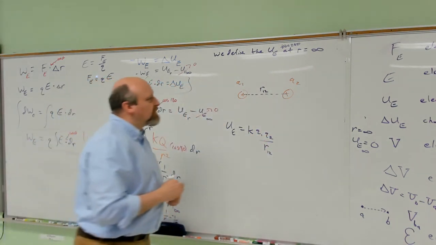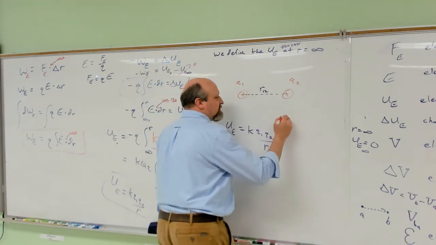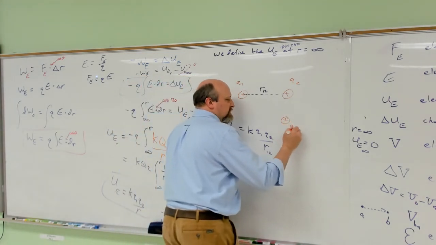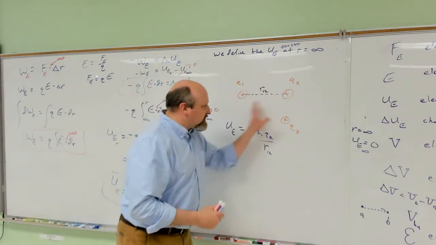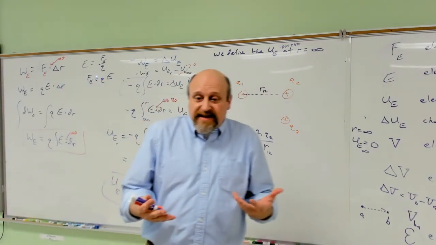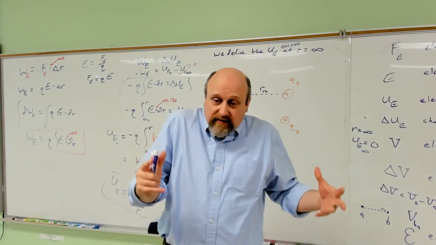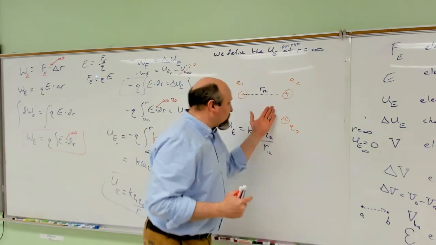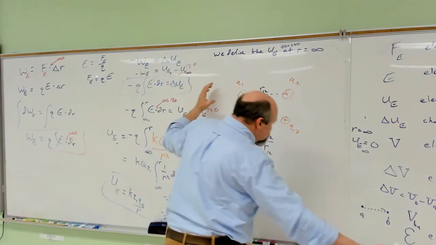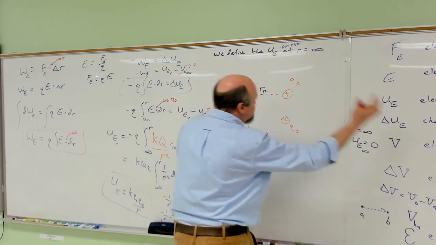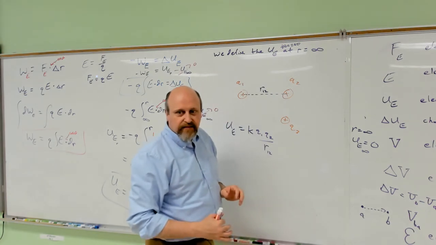But what if I brought in another charge? Look, there's Q3 now. To have these three charges near each other, there's three that are going to repel each other, right? There's more energy stored up here than if there was just two. I would have to do more work to push all three charges in from infinity near each other.